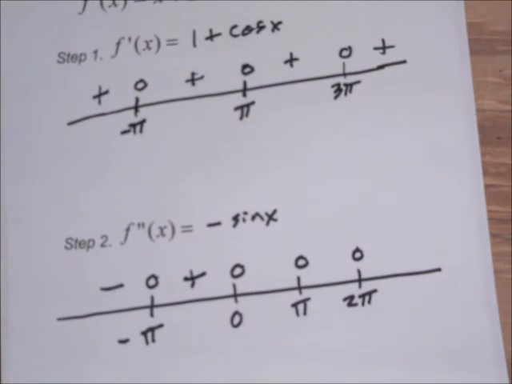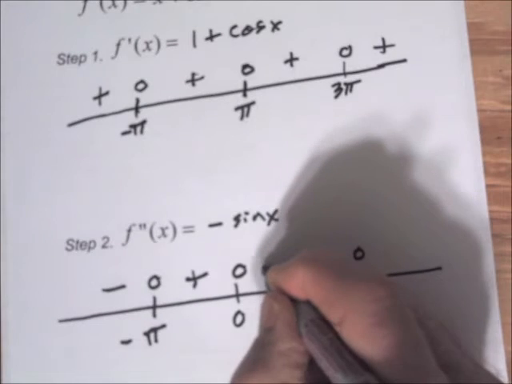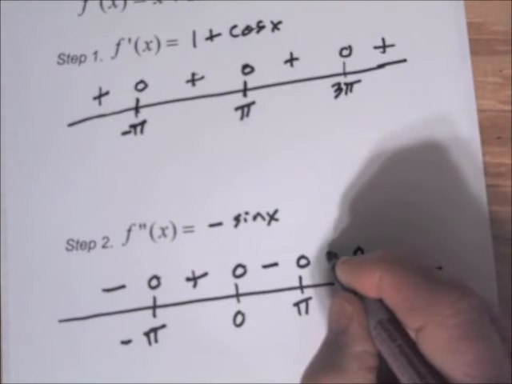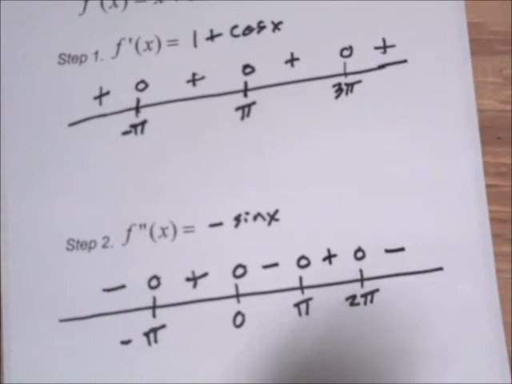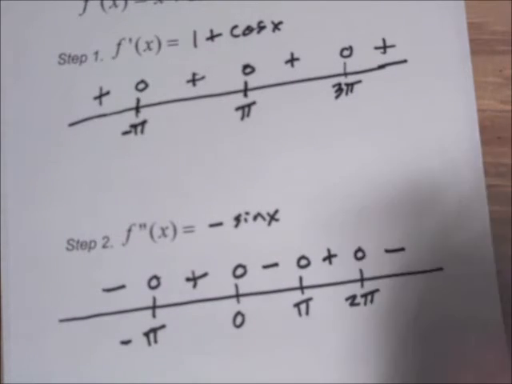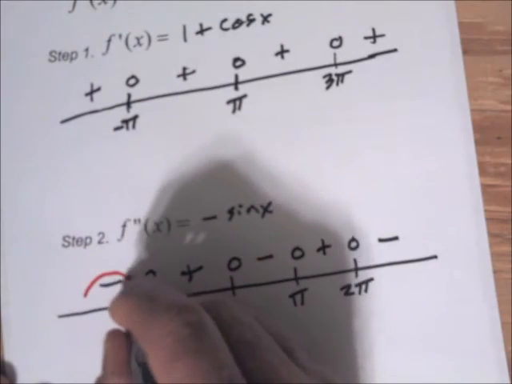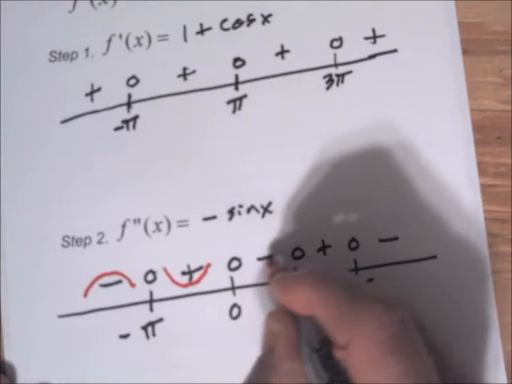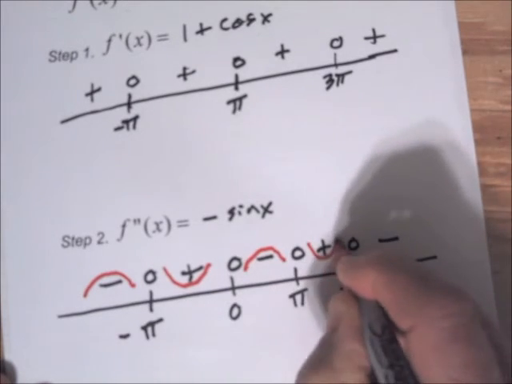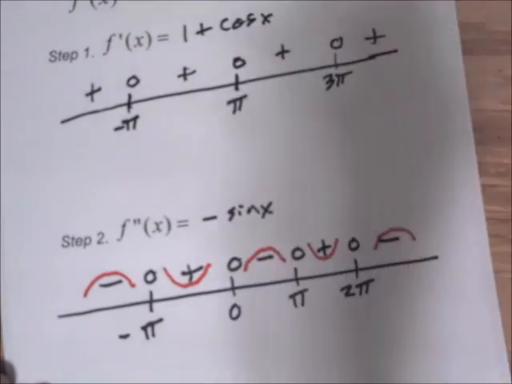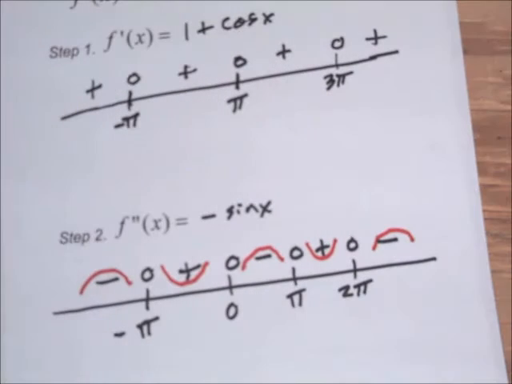And the sine of pi over 2 is 1. We want the opposite sign, so this will be negative, and so forth. It's going to alternate. So we have concave down, concave up, concave down, concave up, concave down. And we have inflection points at multiples of pi.